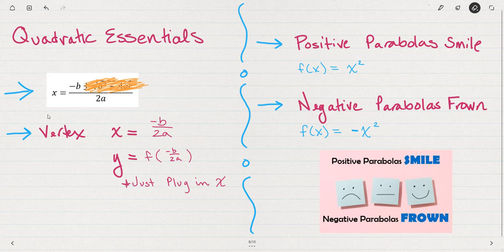But being able to find the vertex is very, very beneficial when working with quadratics. And then the other thing to remember, essential, is remembering that positive parabolas smile. So x squared is upward opening. There's a positive. And the opposite of x squared, a negative parabola, is frowning.